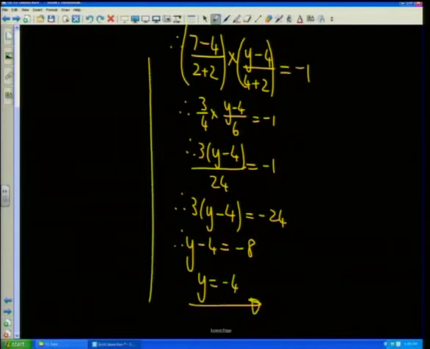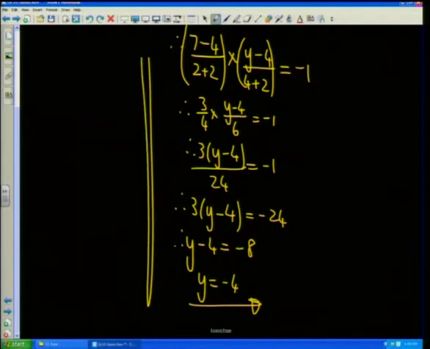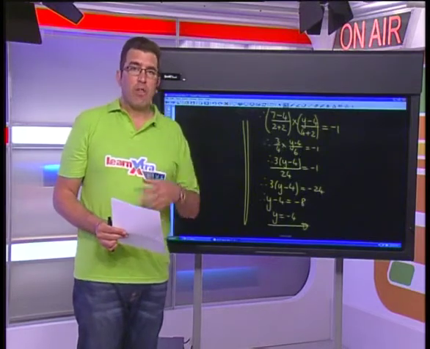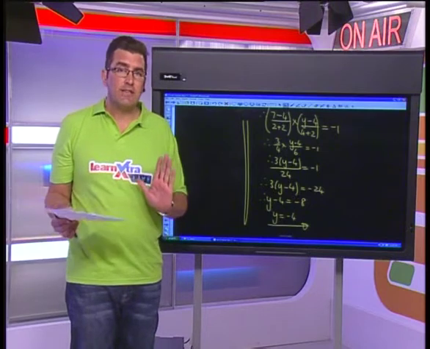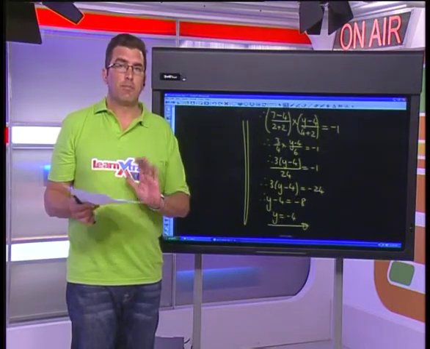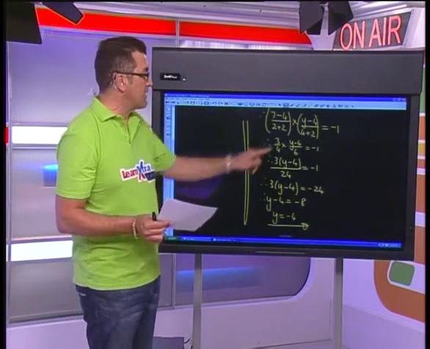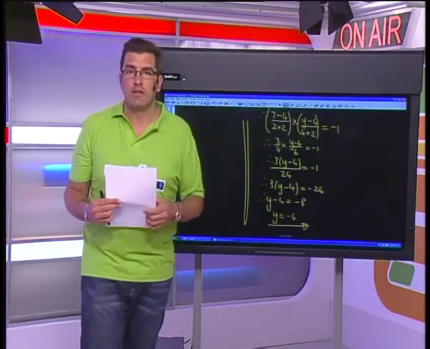All of this is algebra, folks. But you had to interpret the condition analytically. And the condition was there's 3 points given. The relationship was the 2 line segments that join them are perpendicular. Use that to find the unknown value, which was y in this case.